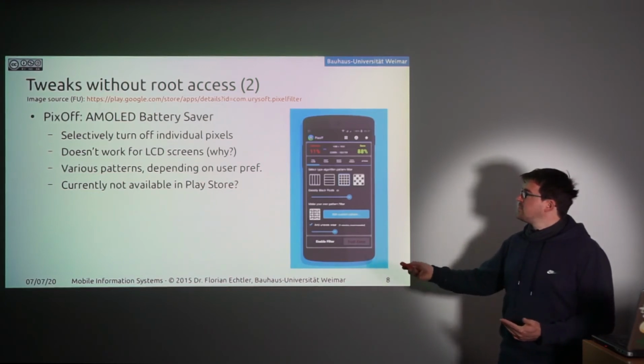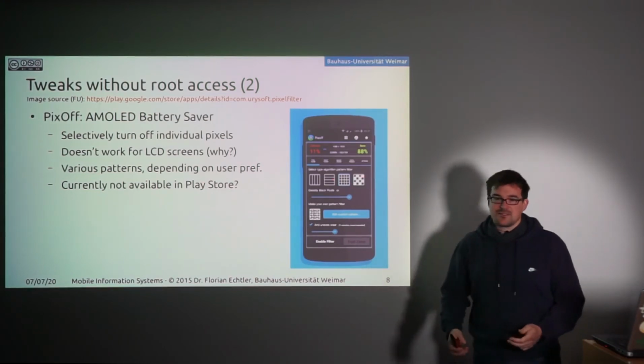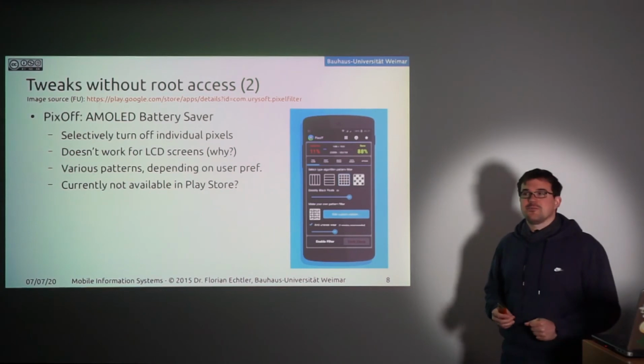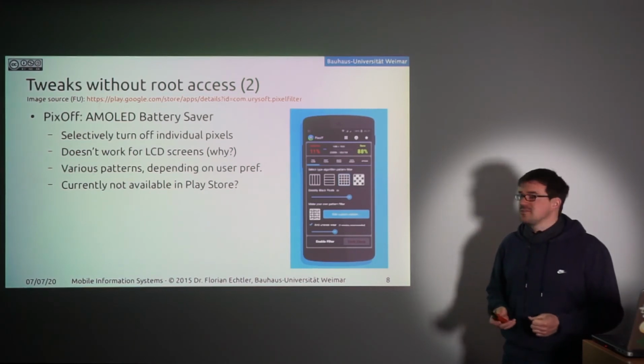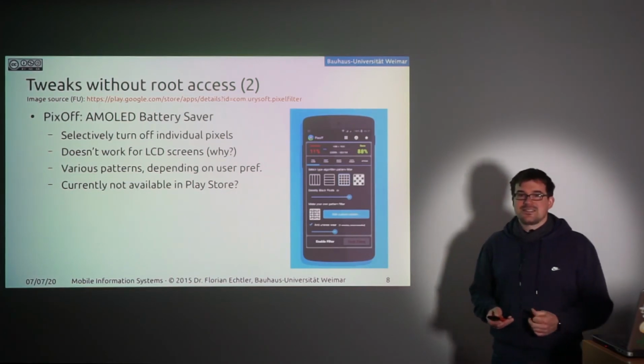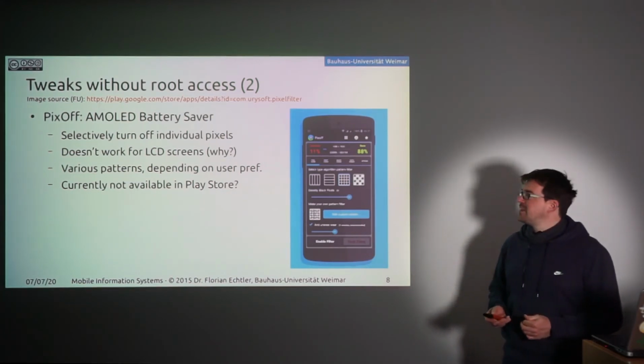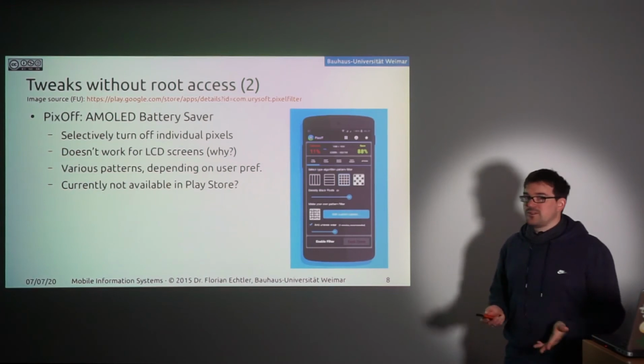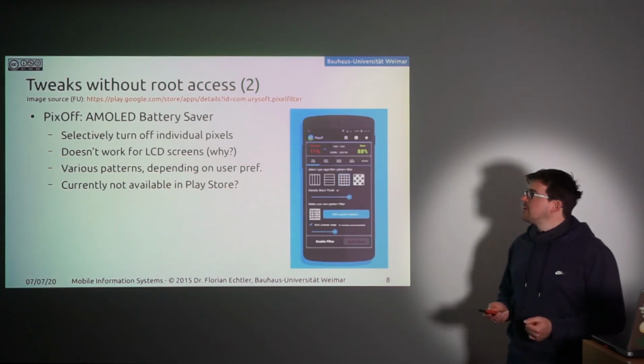And as I said, you can select various patterns of which pixels to disable, depending on which style you like best. I'm assuming that this isn't really something that works very reliably on all sorts of devices. Therefore, it's currently not in the Play Store.